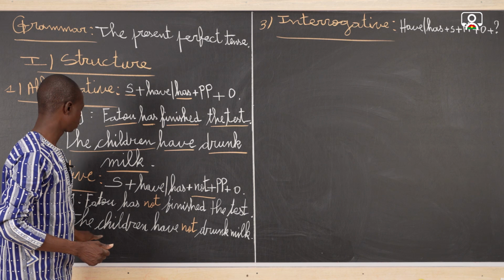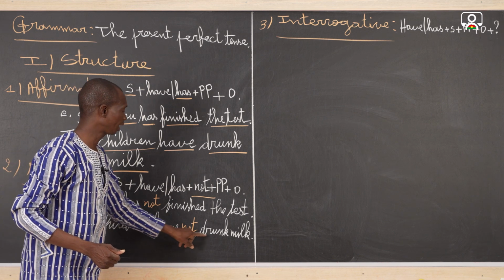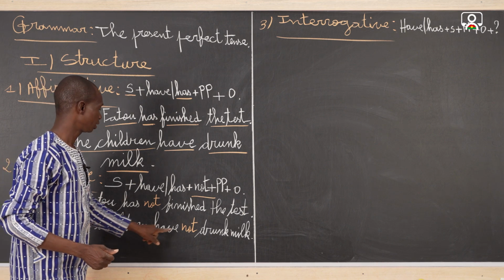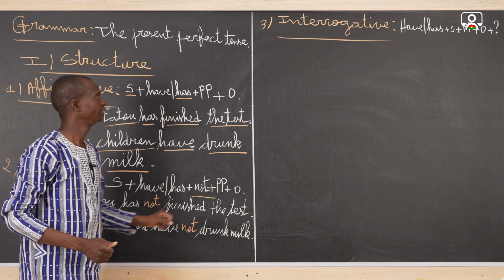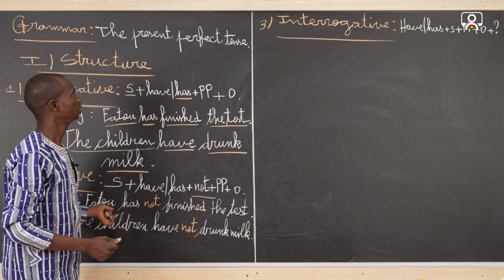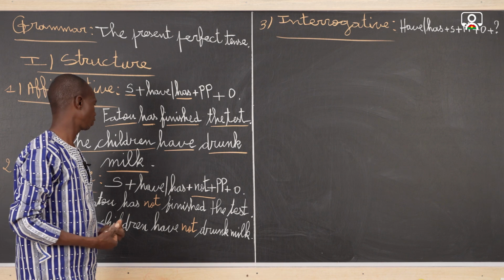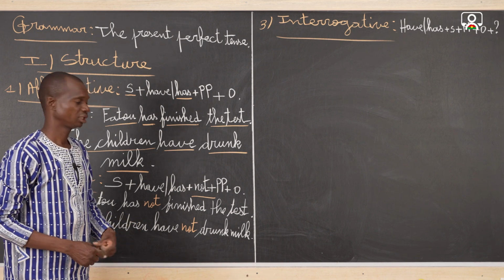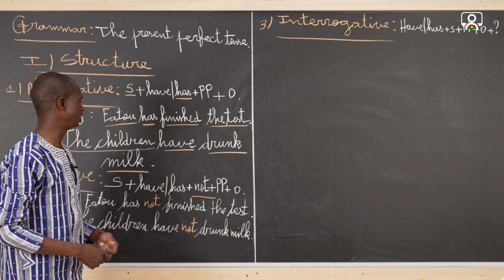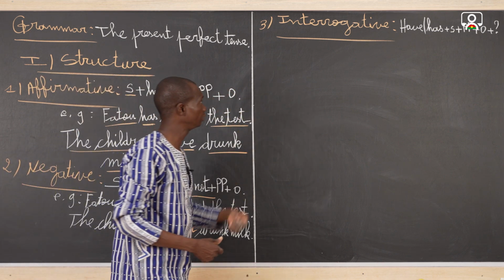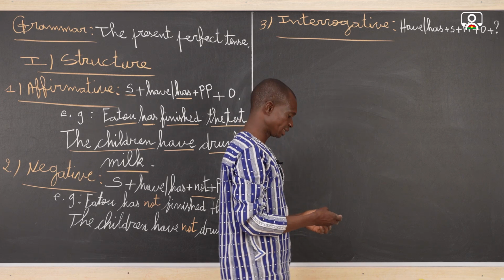Number 2, the children have not drunk milk, it will become: Have the children drunk milk? These are some examples in interrogative form, but let's change tenses and add other verbs in order to give examples.